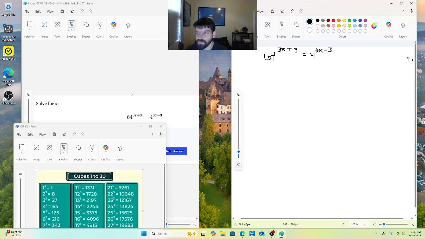As I mentioned, for this one we're approaching this as a base of 2. So 64 is 2 to the 6th power. I'm going to represent 64 as 2 to the 6th, because 2 to the 6th power is 64.